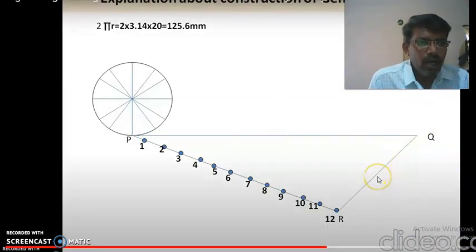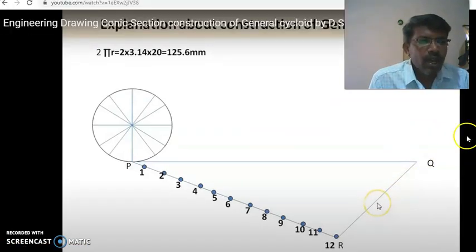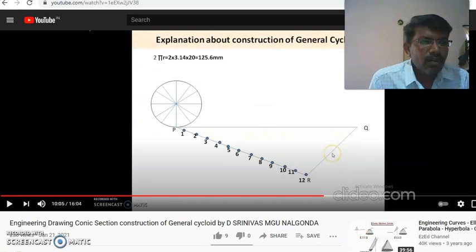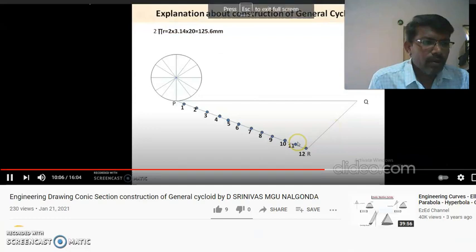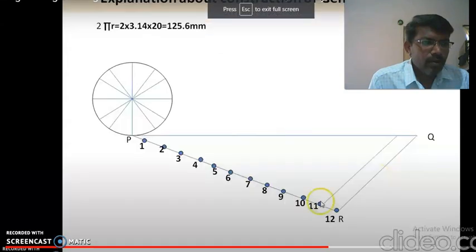So connect this R to the Q. And draw the similar parallel lines from the different parts.